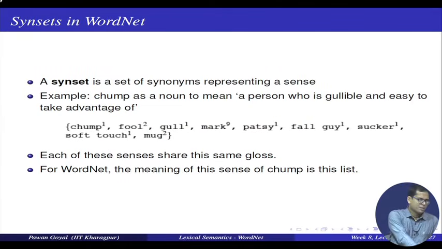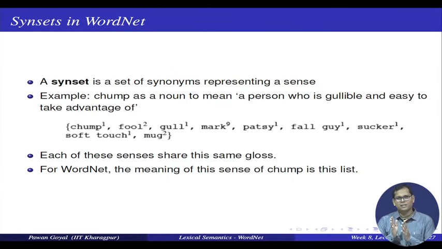Let's take an example. The example is a particular synset corresponding to chump. That is a noun that means a person who is gullible and easy to take advantage of. Suppose for chump, the first sense is this particular meaning. A word might have multiple senses.